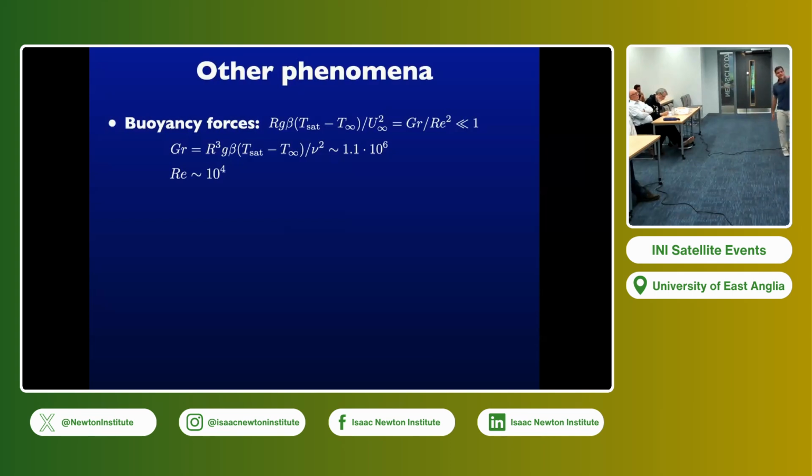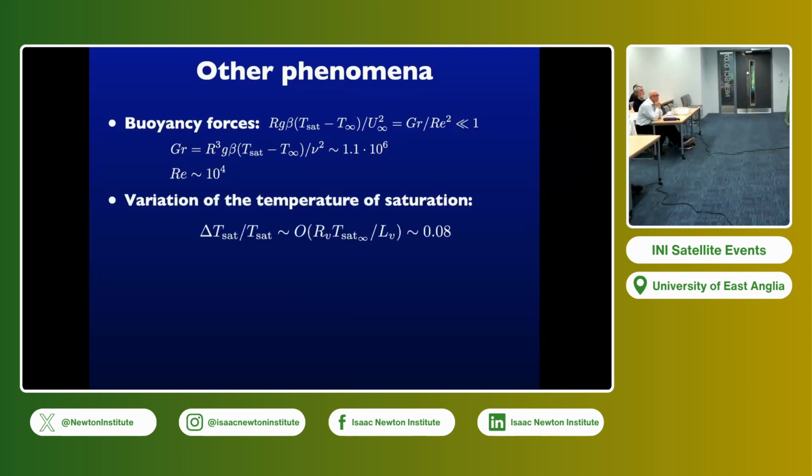The Grashof number in those experiments is about 10 to the 6, and the Reynolds number 10 to the 4 or 10 to the 5, so the buoyancy forces can in principle be neglected.